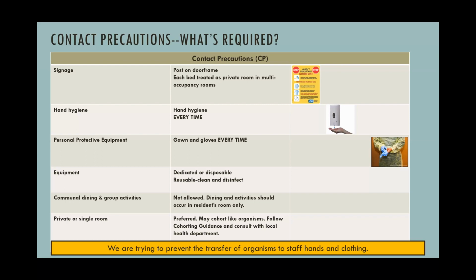You should attempt to dedicate equipment or use disposable equipment. Communal dining and group activities are not allowed. Dining and activities should occur in the resident's room only. And a private or single room is preferred. You may cohort like organisms following the cohorting guidance and consult with your local health department.